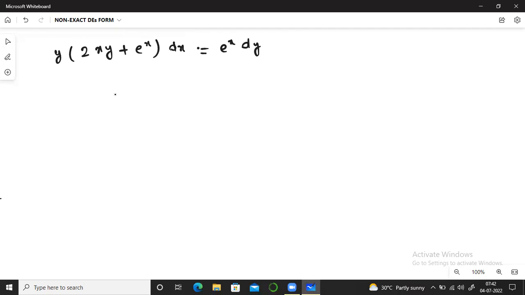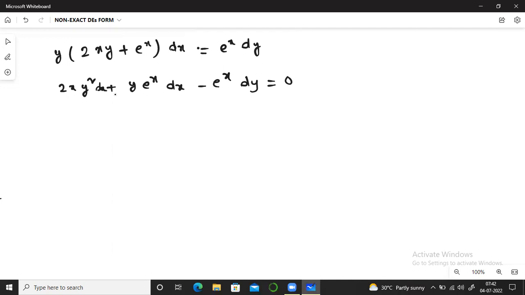With that possibility, I am checking, so I am multiplying with y: 2xy squared plus y into e power x dx, here also dx, minus e to the power x dy is equal to 0. The equation is now looking like this. Is there any possibility to solve?